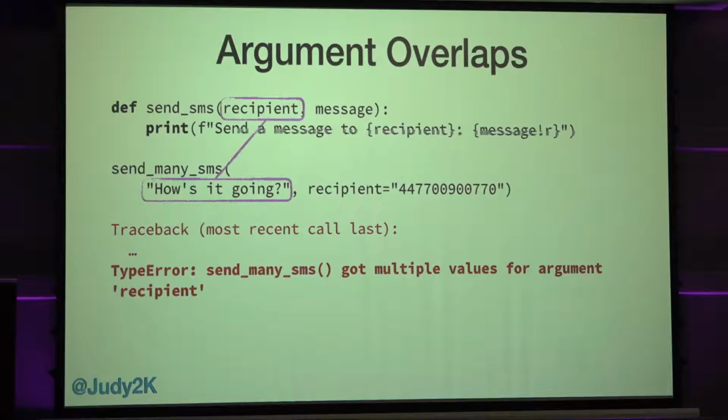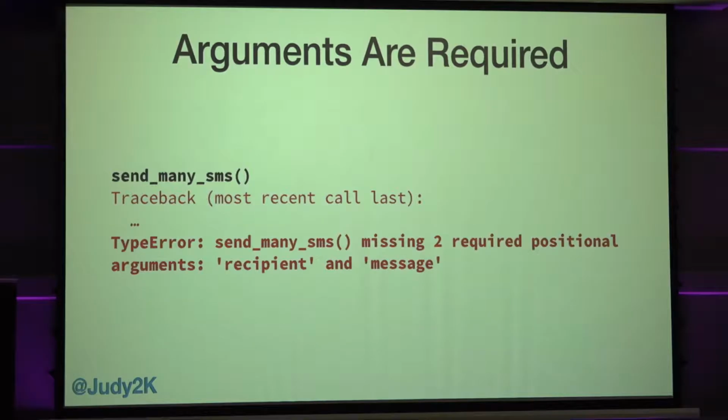We are assigning our first argument to that parameter, and then we are explicitly providing a recipient argument which goes to the same place. When you execute this line of code, you get this error message, which is actually pretty straightforward: got multiple values for the argument recipient, but we know why.